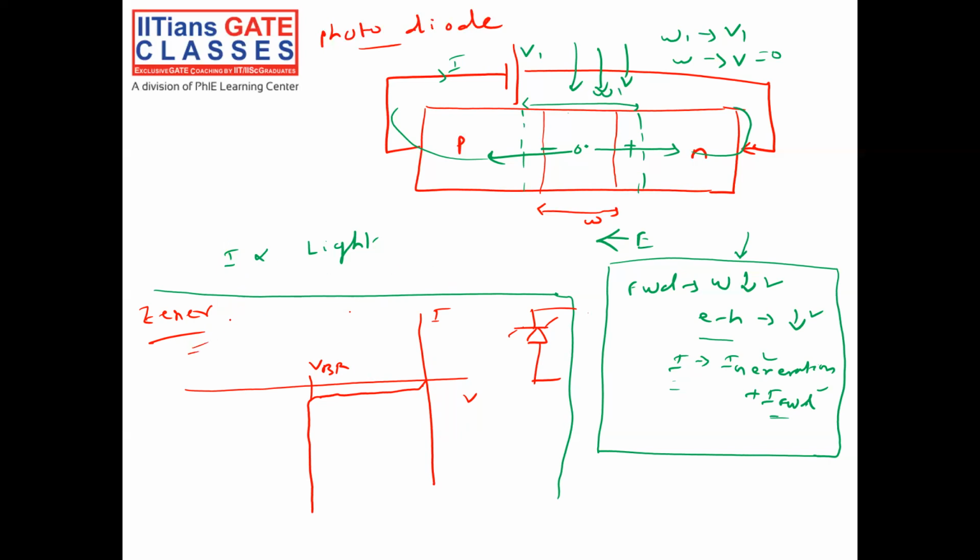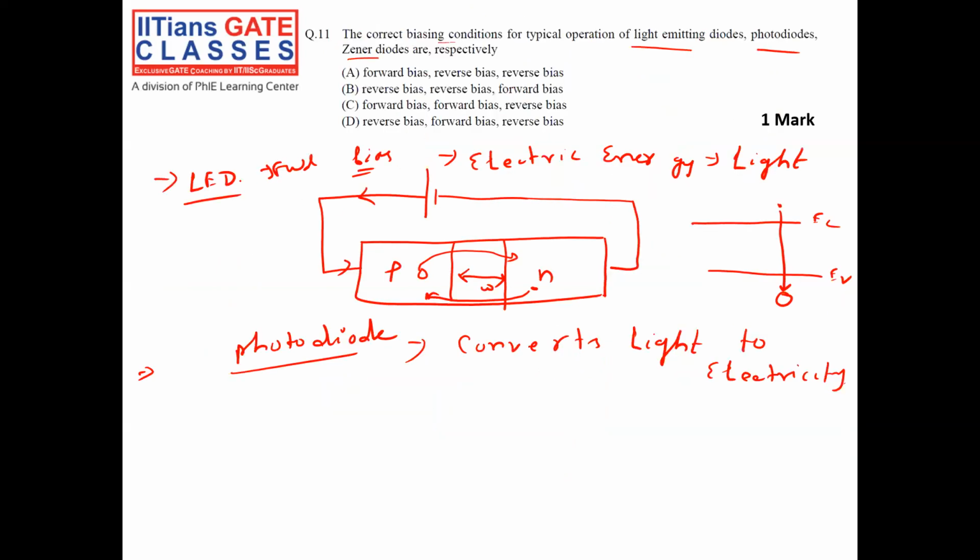Zener operates in reverse bias, photodiode operates in reverse bias, and LED operates in forward bias. So option A should be correct. I have explained very briefly how they are operating.